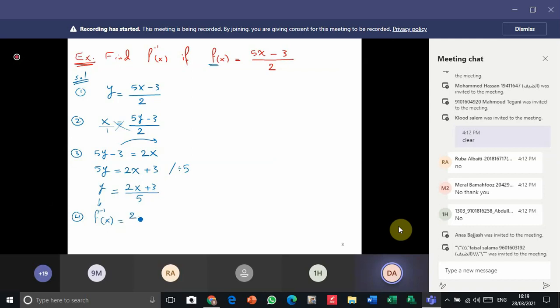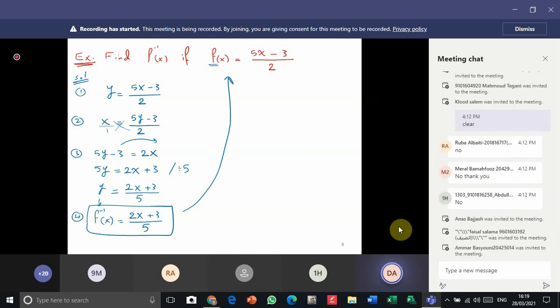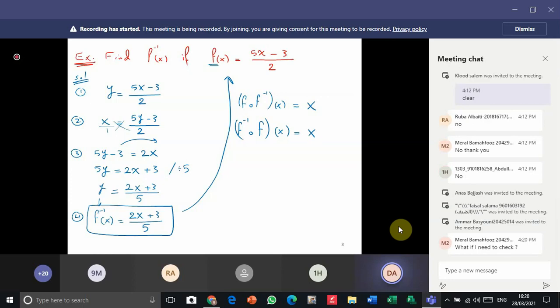So we have 2x plus 3 over 5. This is the inverse of the function f of x. If you need to check that this f inverse is really the inverse of f of x, we must find f composite f inverse of x, and the result must equal x, and f inverse composite f must also equal x, if we need to verify whether this is the inverse or not.